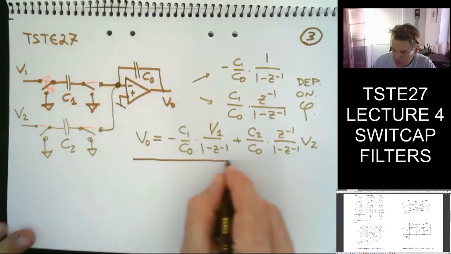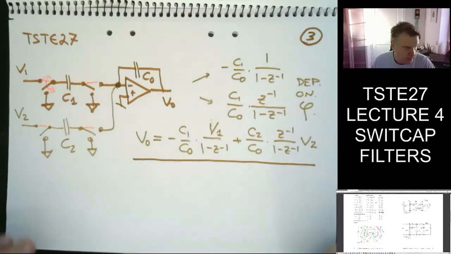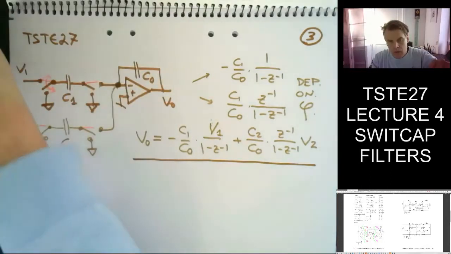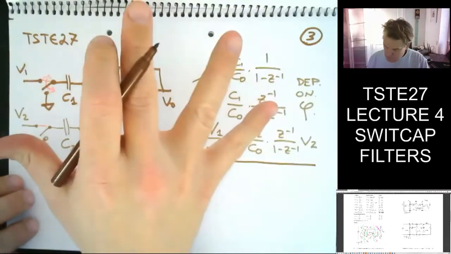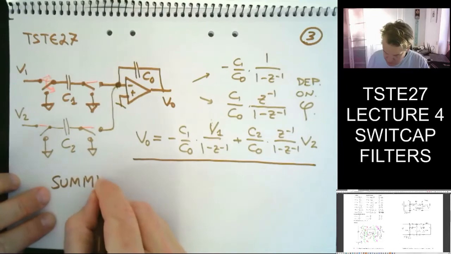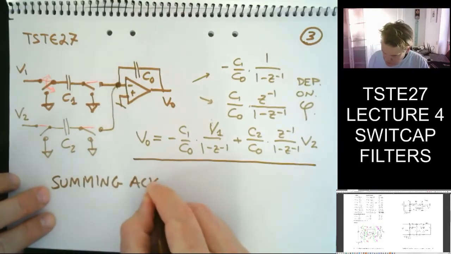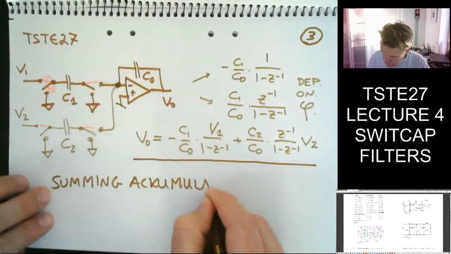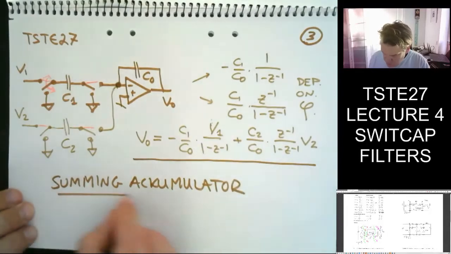So this is also something we're going to use later down the road. All right. So I think that is a good starting point. So this is actually a summing accumulator. So that's the one we're going to use.